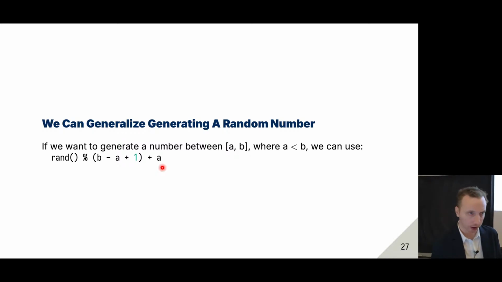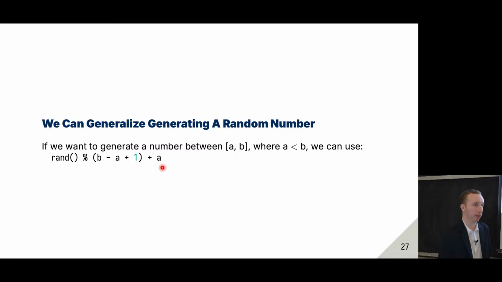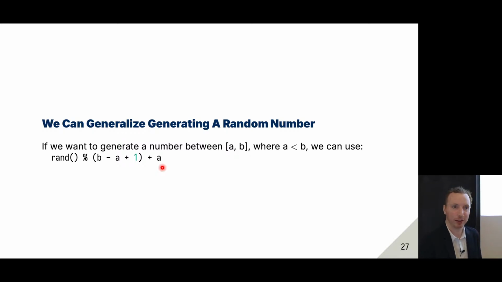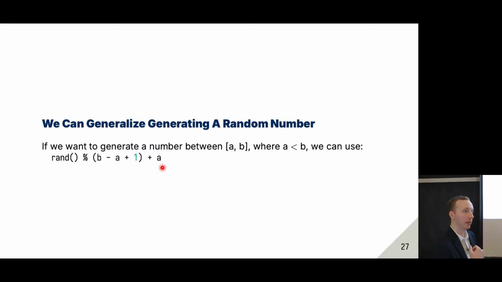So if we wanted to generate, I don't know, a random number between 1 and 6, what would we do? Yep. Have 1 as A and B as 6.